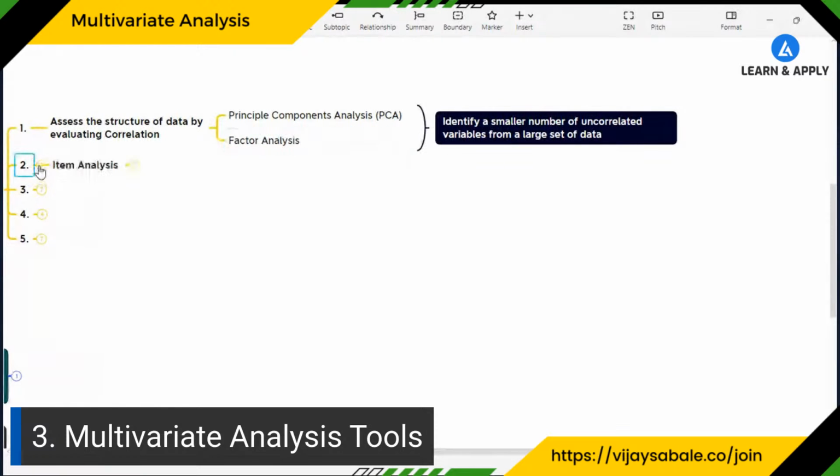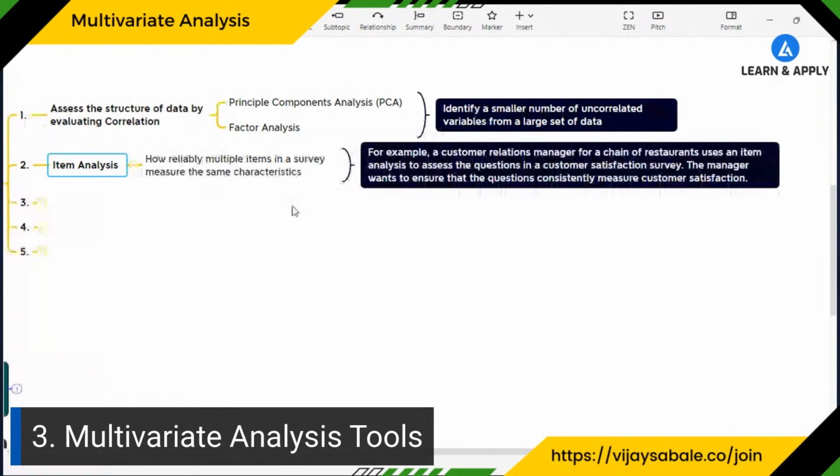Now the second group is the item analysis. This is mainly dealing with surveys. If you are having the data in terms of surveys, then we are going to use this item analysis. We can use it to see how reliably multiple items in a survey measure the same characteristics. For example, a customer relations manager for a chain of restaurants uses an item analysis to assess the questions in the customer satisfaction survey.